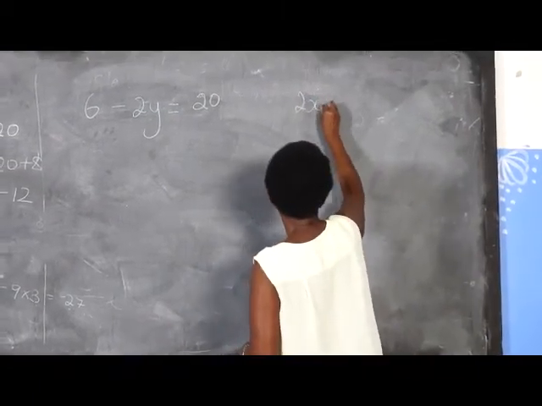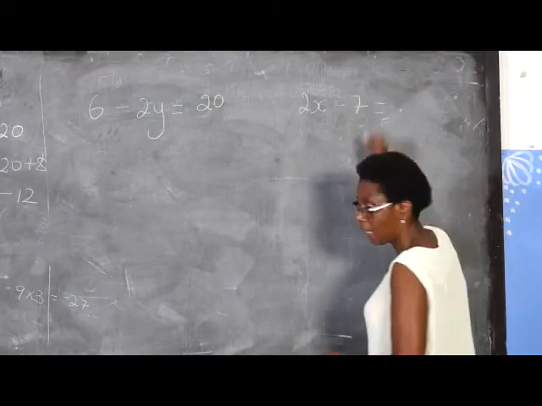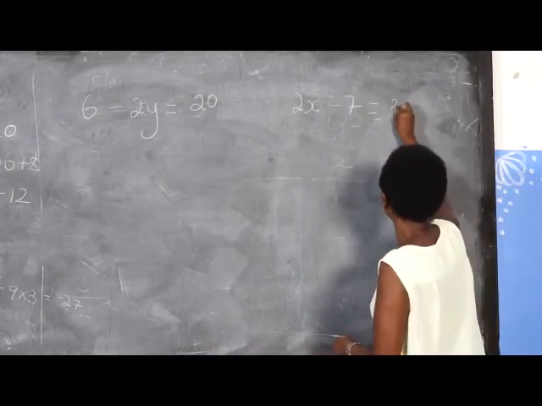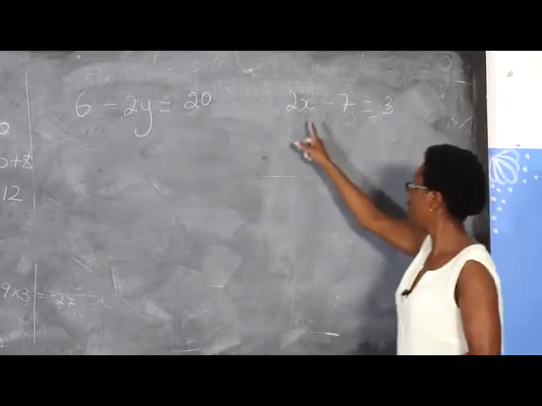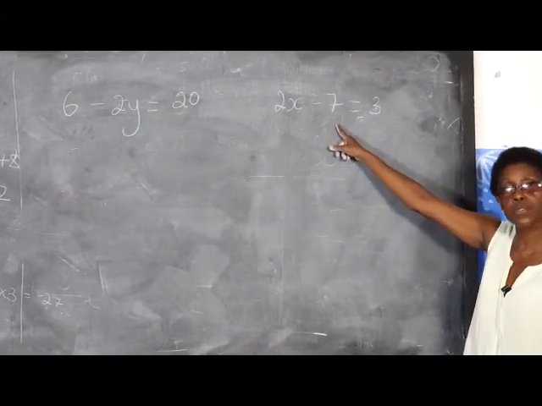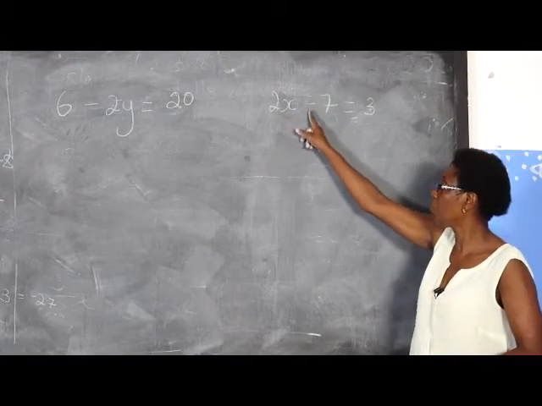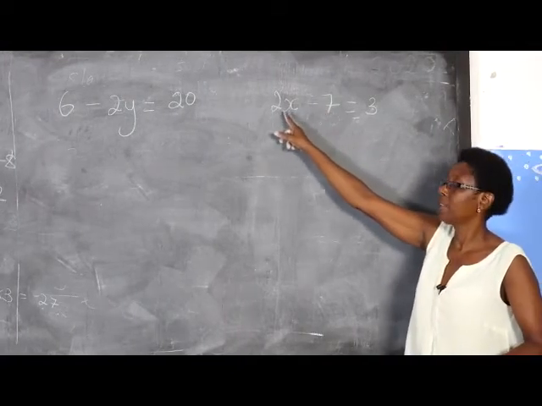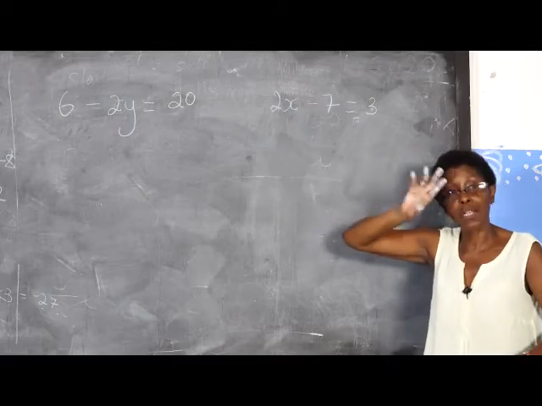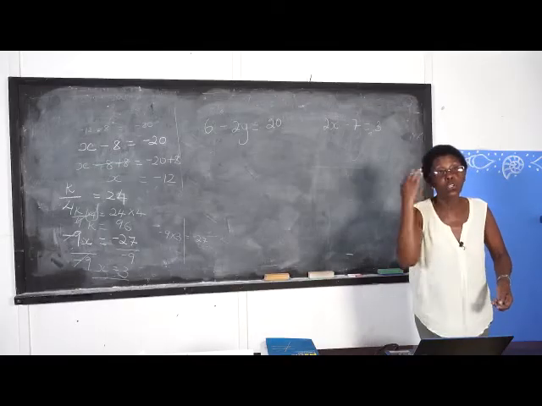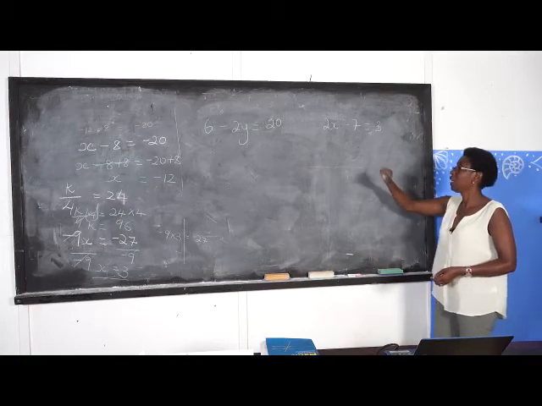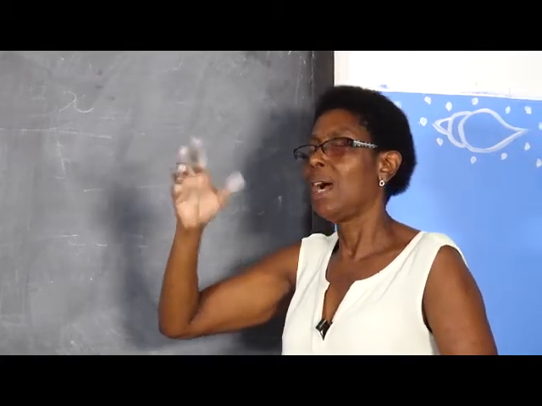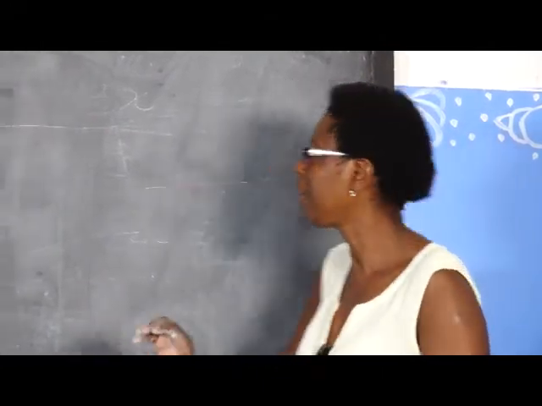So we've got 2x minus 7 and that's equal to 3. Okay? It's a similar question, a two-step equation. And in this question which we're going to look at, what must go? It's that minus 7 and the times 2. Now, because there are two things to go, what goes off first? What goes off first is the minus 7. I won't go into big maths and explain that, but what goes off first would be the minus 7.